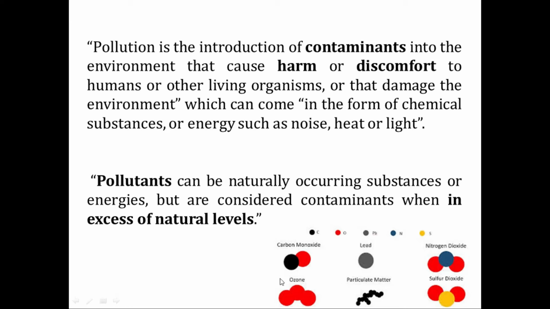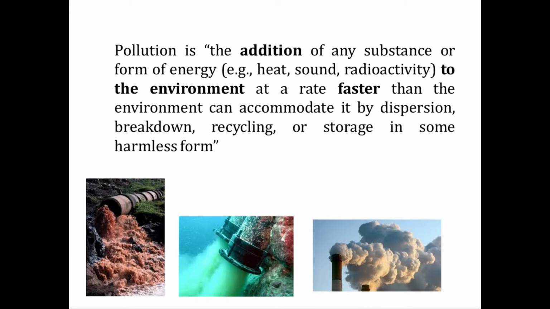For example, as you know, carbon dioxide or carbon monoxide, there are some levels that are not harmful for living organisms, but when it exceeds the levels, then it can affect living organisms. And also this is the addition of any substance or form of energy to the environment at a rate faster than the environment can accommodate it by dispersion, breakdown, recycling or storage in some harmless form.